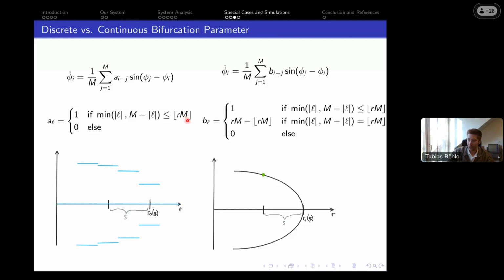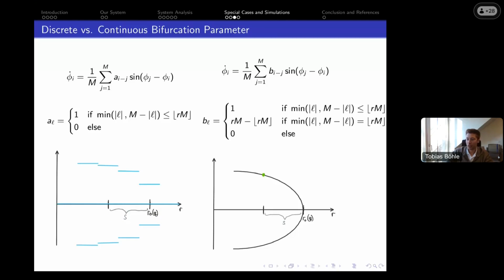And you cannot make m any bigger because then numerical simulations become intractable. And you also cannot make S any bigger because then you have nonlinear effects that kick in.